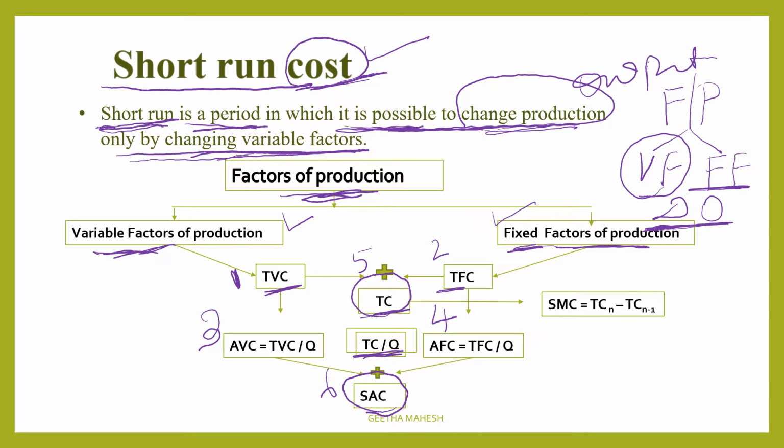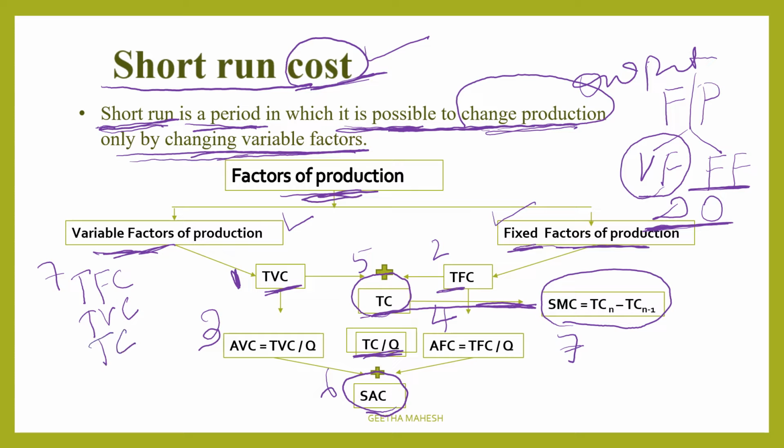Then from total cost, you can find short run marginal cost, which let me consider as the seventh. So in the short run, you will have seven different types of short run cost: total fixed cost, total variable cost, total cost, average fixed cost, average variable cost, short run average cost, and short run marginal cost.